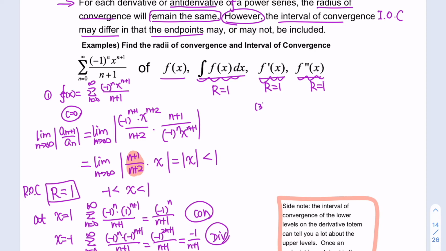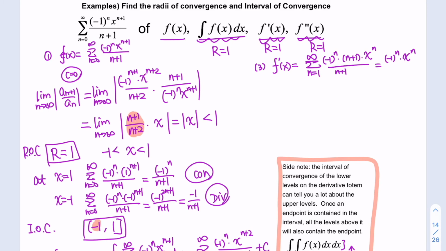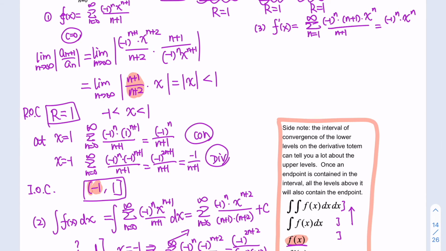However, if you look at f prime of x, when we take the derivative, everybody look at the notation: n should start from 1. Every time we take a derivative, we just change the starting index to 1. Power rule, so it's n plus 1 times x to the n over n plus 1, which is negative 1 to the n times x to the n. Because on the left side, negative 1, it's an open endpoint, once it's open, all the lower levels will be open.